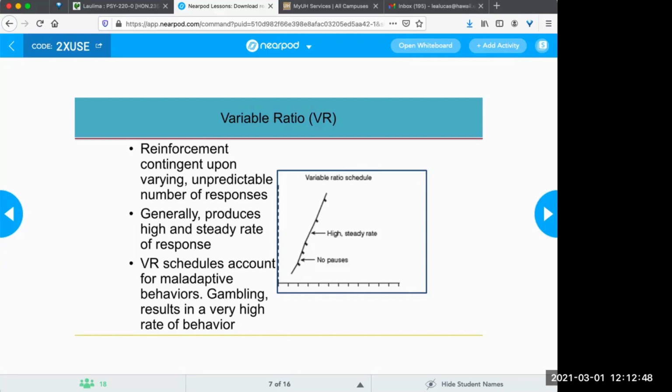A lot of times with a variable ratio schedule, with any of the schedules of reinforcement, there's always an initial reinforcement of the behavior that we want to reinforce. So people won the lottery. It's been documented that people have won the lottery. We see it when some states require you to announce that you won the lottery.